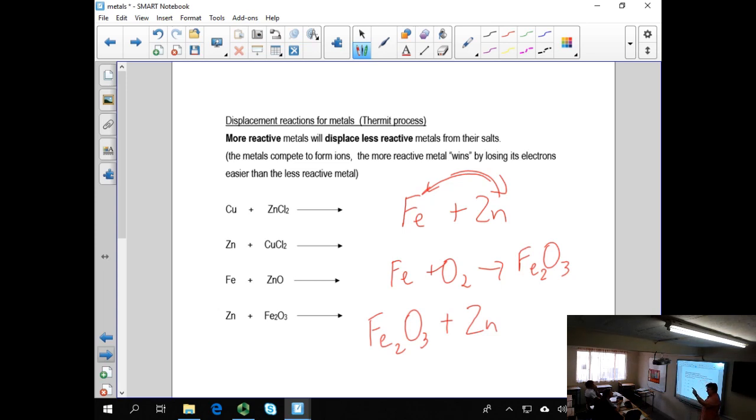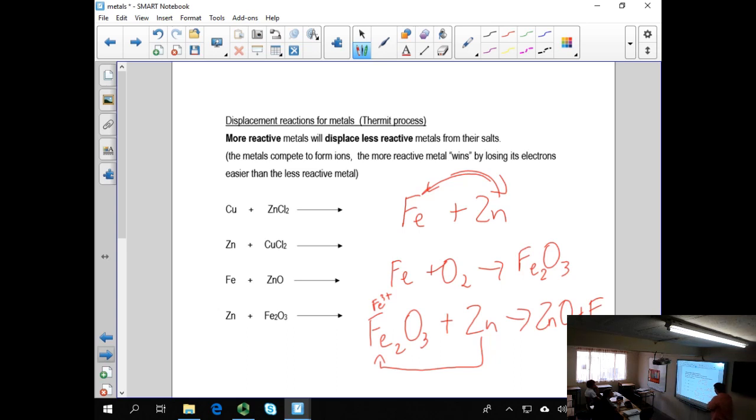Do corrugated iron sheets rust there where you drill a hole? Nope, they don't rust. Why don't they rust? Because the zinc competes with the iron ions. This is iron 3+. They fight with each other. The iron wants to get electrons. The zinc is more reactive than the iron, so we get zinc oxide plus iron.